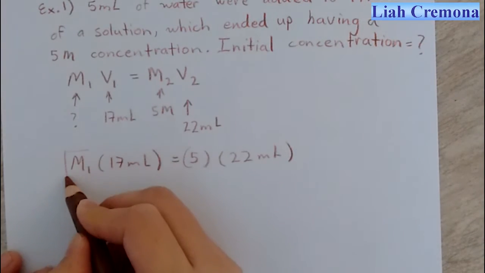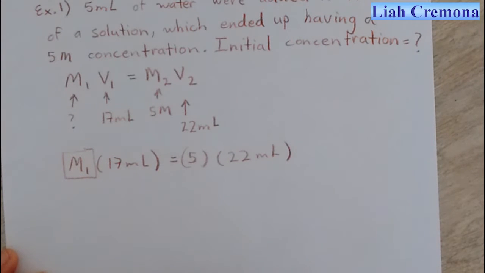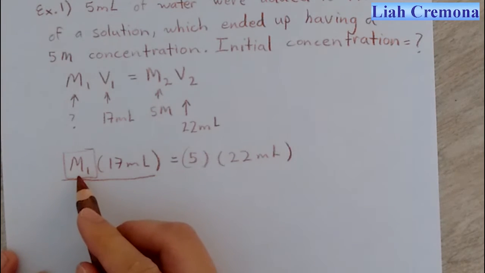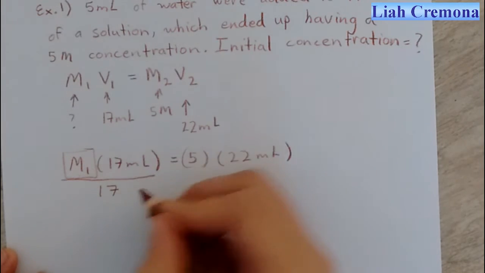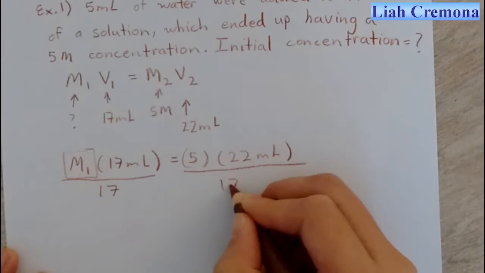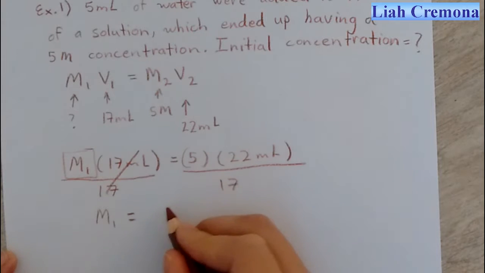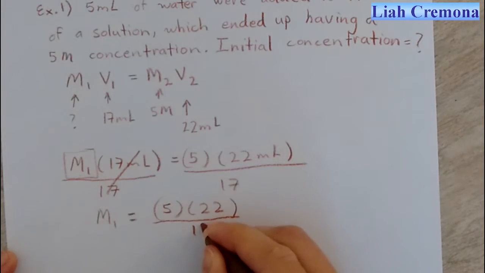Now we must find the initial concentration, which we do by dividing both sides by 17, so that 17 can cancel out on the left side and leave us alone with M1. Canceling out 17, and so M1 is 5 times 22, all divided by 17.